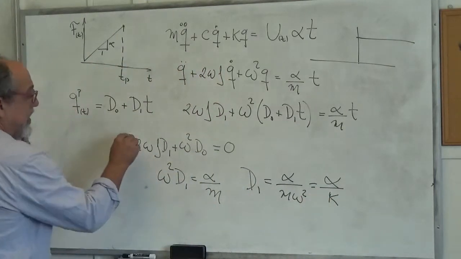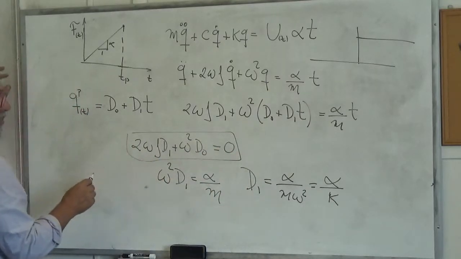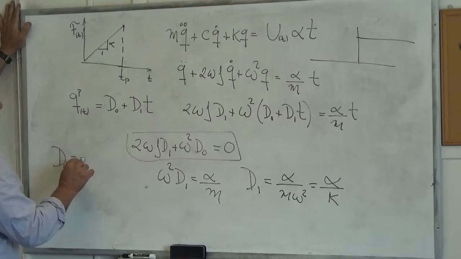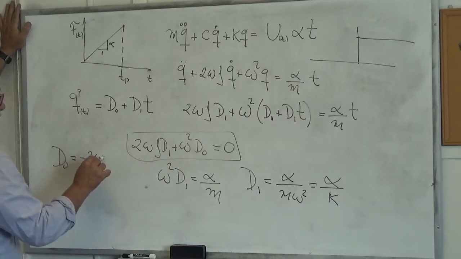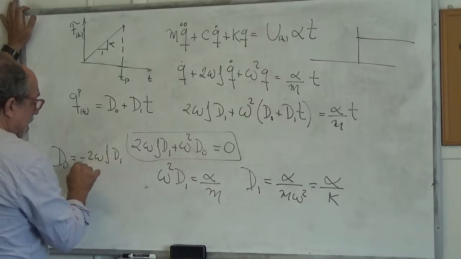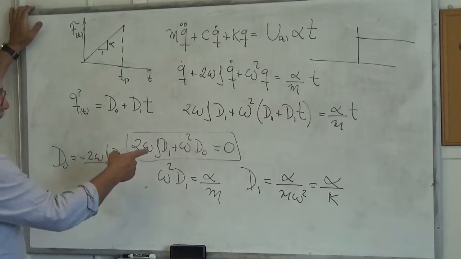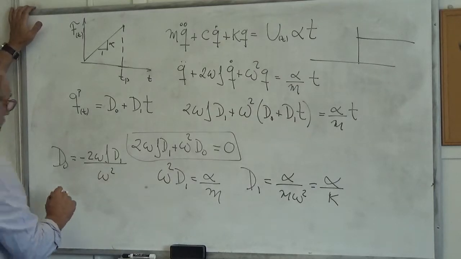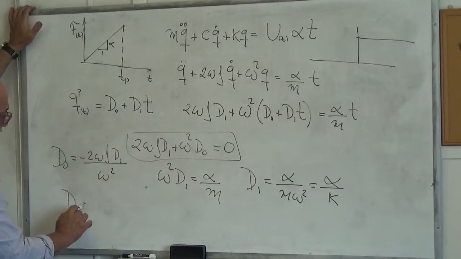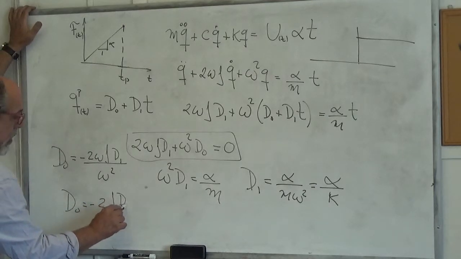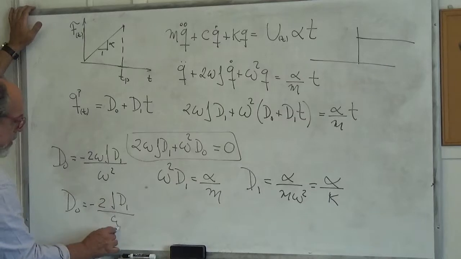And then from this equation here, we find that d0 is equal to minus 2 omega times the damping times d1 divided by omega squared, right? And so we have that d0 is equal to minus 2 times the damping times d1 divided by omega.